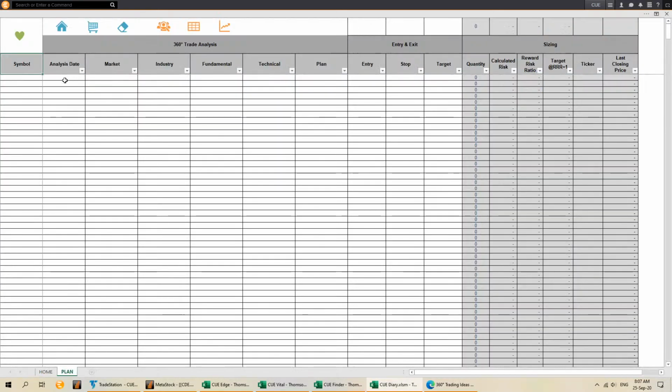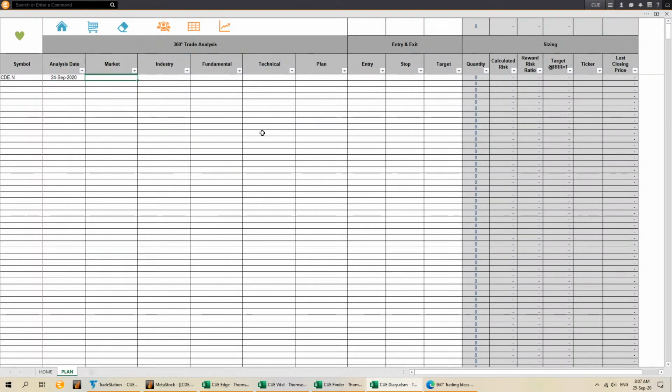So I'm going to plan the trade for CDE.N. I'm analyzing it as of 24th September's market close. That's how I log it. I don't put today's date because I am doing the analysis as of 24th September market close.